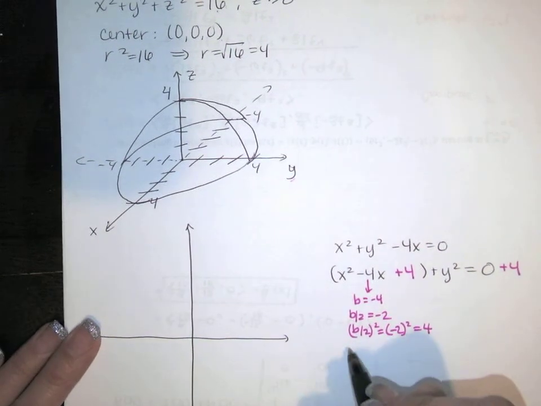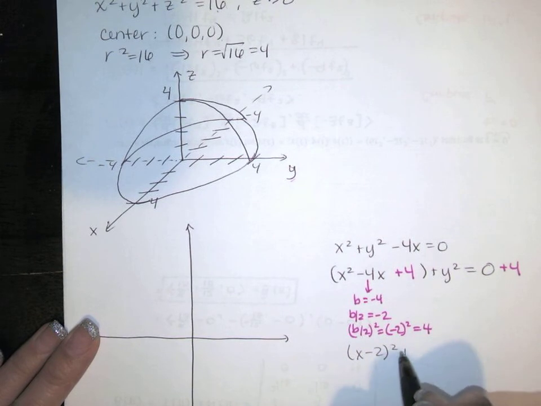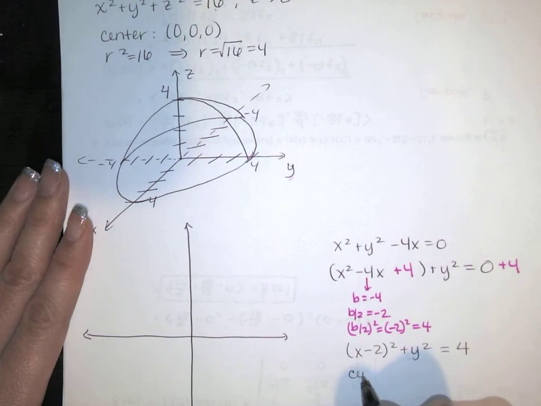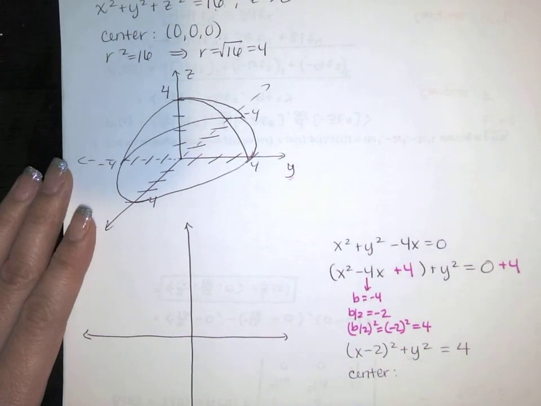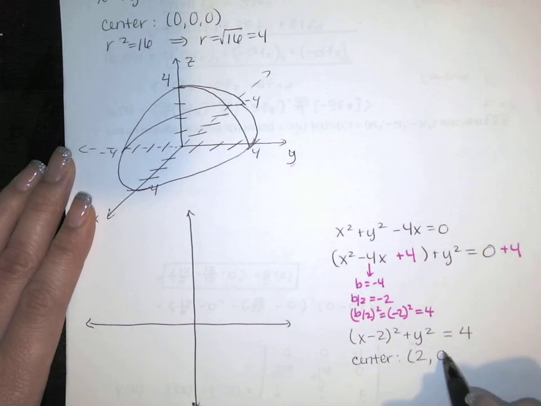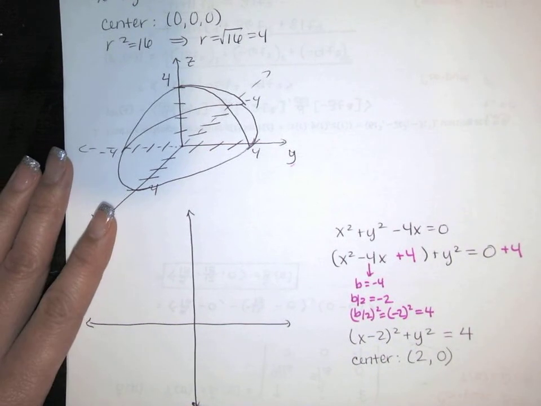So this gives us (x minus 2) quantity squared plus y squared equals, simplify the right-hand side, you get 4. Now comparing this to the standard form of the equation of a circle, since I'm subtracting a 2 from the x, the x coordinate of my center is 2. Since I'm not subtracting anything from my y, the y coordinate of my center is 0.